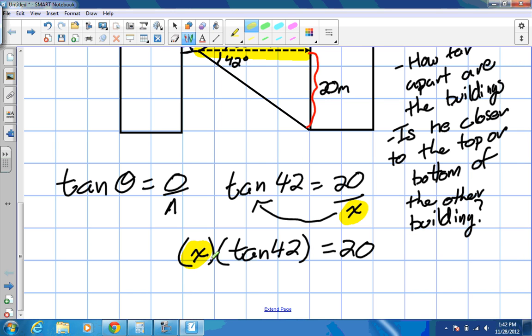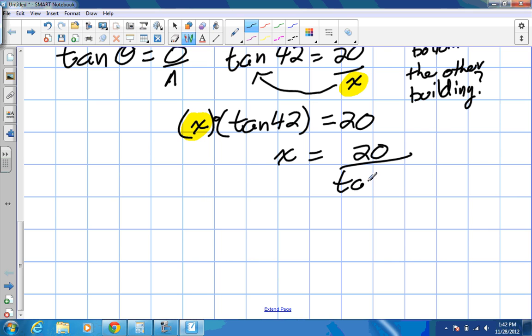Tan 42 is still on the other side, and it's multiplied by. So in order to move tan 42 over, what do we have to do? We're going to have to divide 20 by tan 42. Excellent. So that will leave x on this side, and we'll have 20 divided by tan 42.